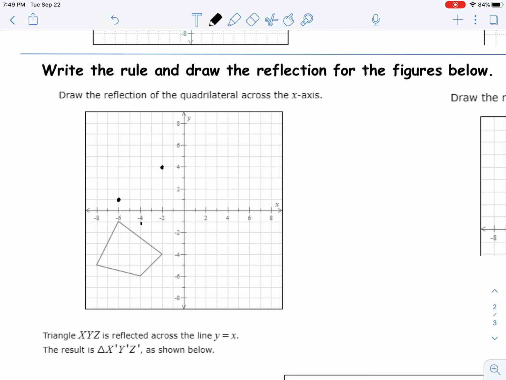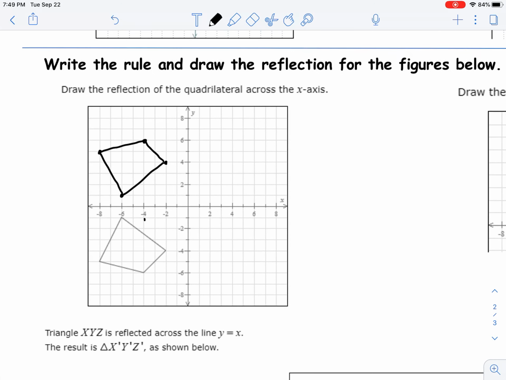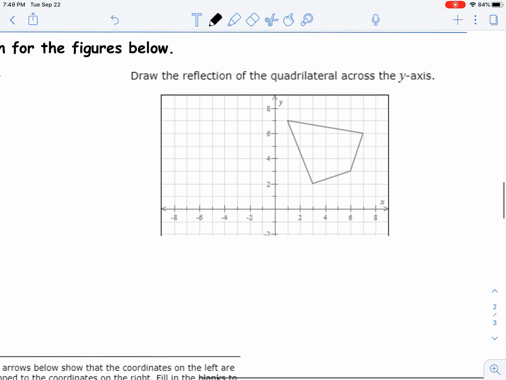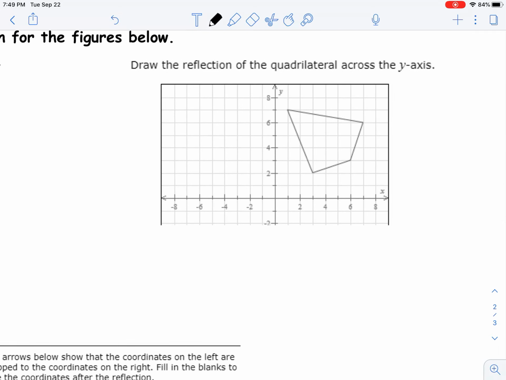Right there. And lastly, it'd be 1, 2, 3, 4, 5, right there. Something like that. And then it wants us to give a rule for it, but I think I'm going to wait and do the rules down in the bottom.